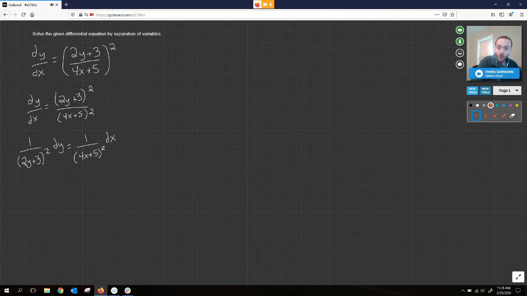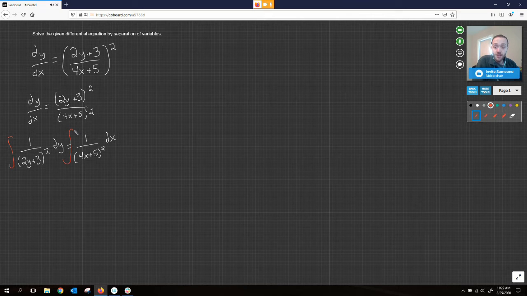I know that what I want to do next is apply the integral here and apply the integral there. What we remember from Calc 2, or whenever you learned about integrals, is if I can't just solve the integral by looking at it and remembering what the antiderivative would be, the very first thing you should probably try is a u sub, right?